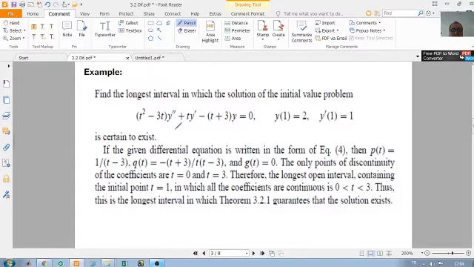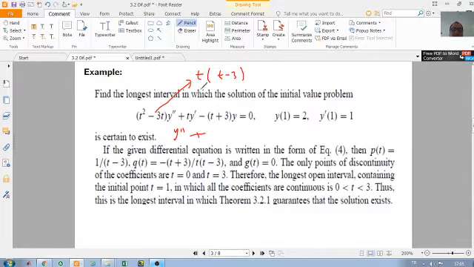Therefore, we obtain the second derivative plus, so this one is actually written as t times t minus 3, and in the numerator we have another t.